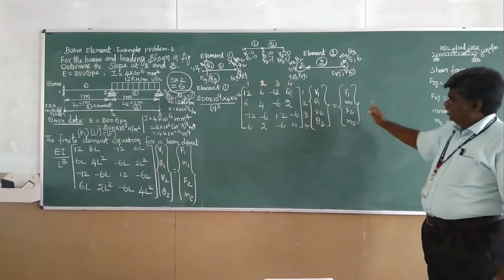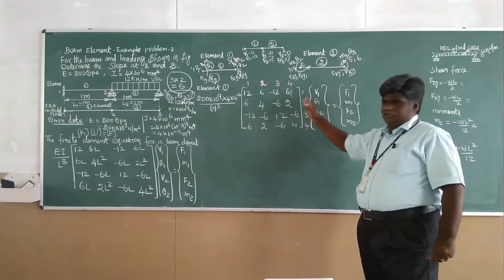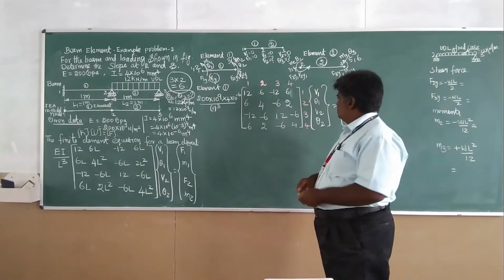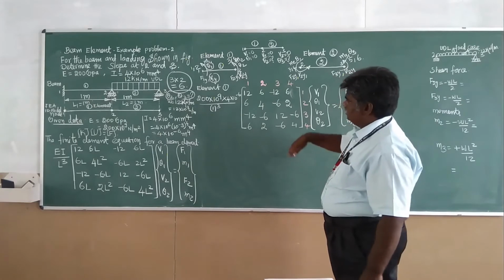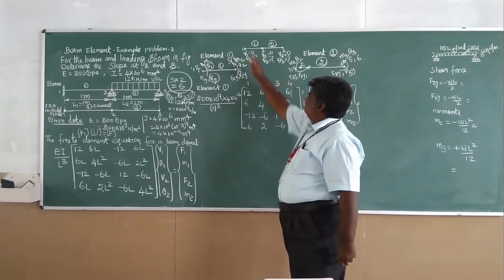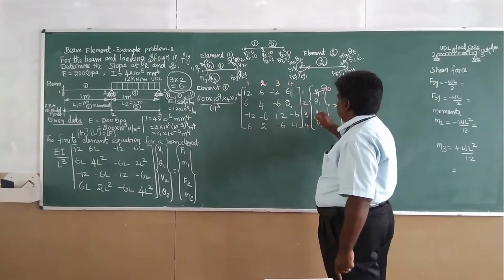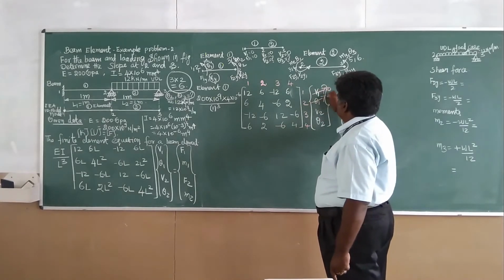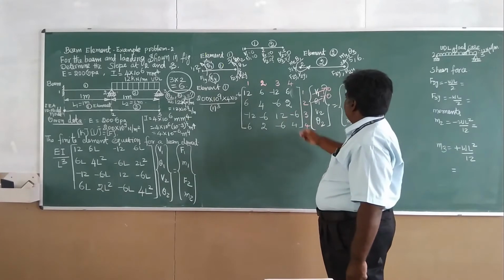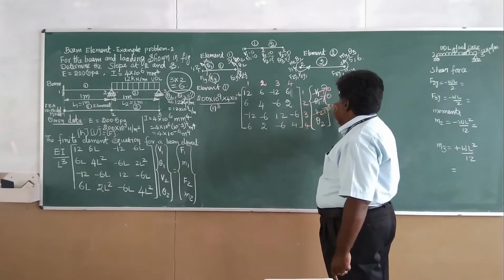For element 1, consider the boundary conditions: V1 is 0, theta 1 is 0, then V2 is 0.